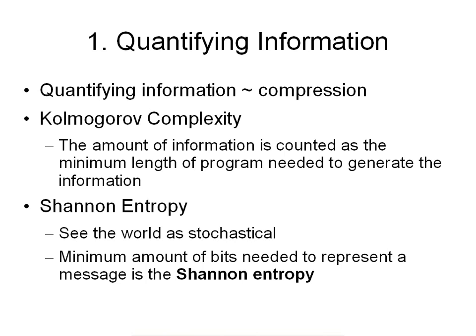So let's first look at the first problem. It turns out that how to quantify information is very much the same as how much we can compress a message. Because the amount of information in a message is really the same as how many bits are needed to represent that message.